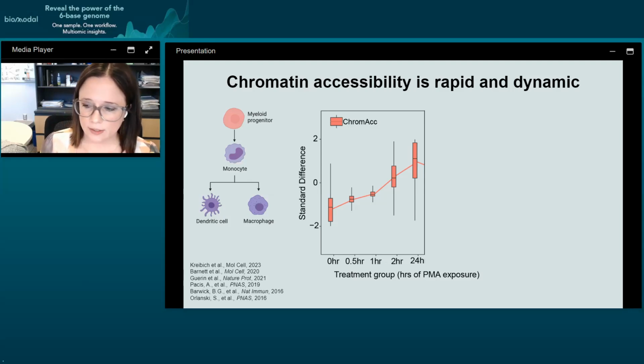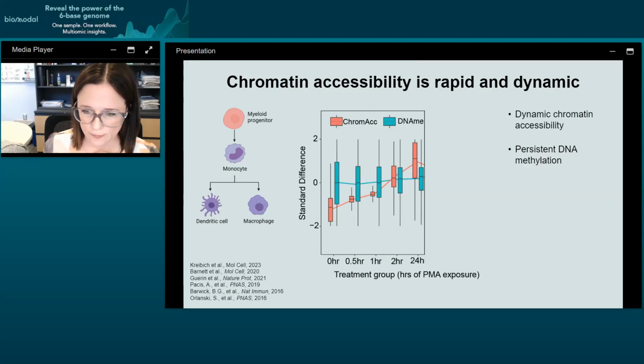And right now I'm just showing you the changes in chromatin accessibility for one subset of regions. What we saw is that chromatin accessibility is really robust and transient. And so there's all kinds of different changes in chromatin accessibility that happen across the genome. Some regions open, some regions close, some regions open and close. So I'm just showing you one behavior, and that is a subset of regions that are opening during the time course.